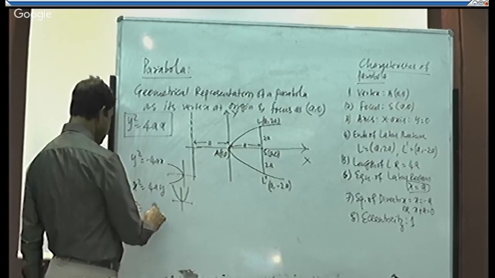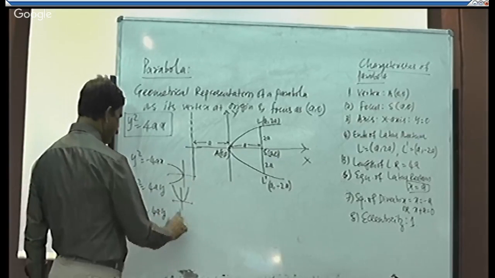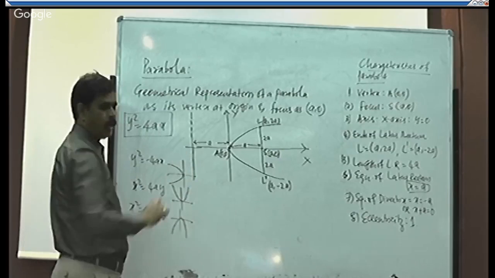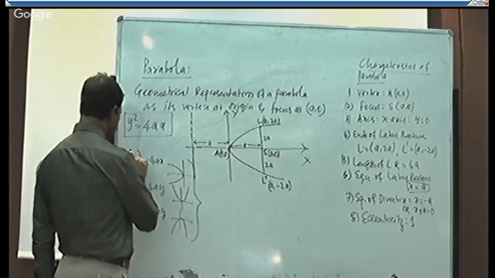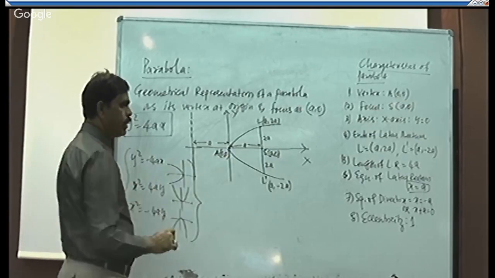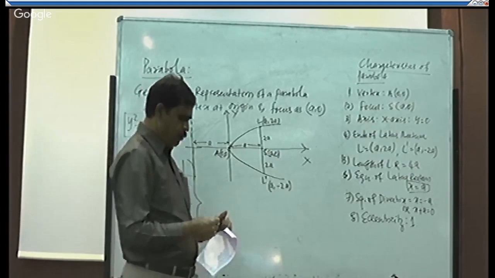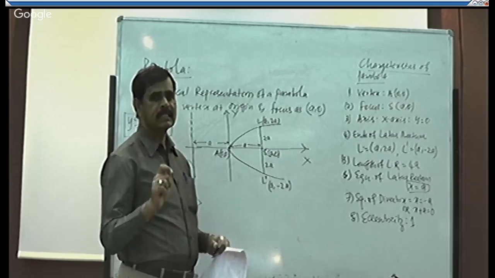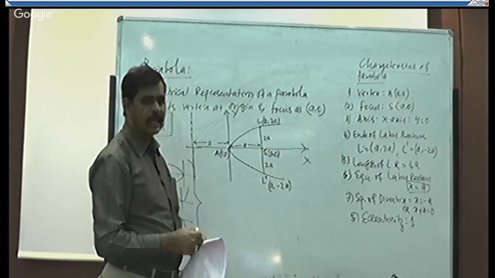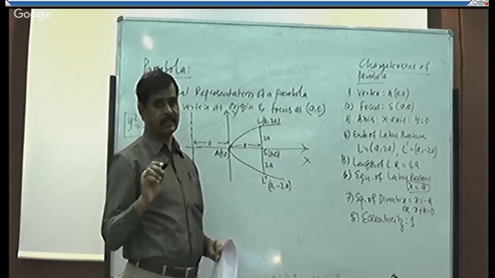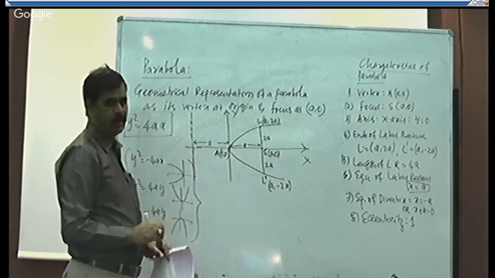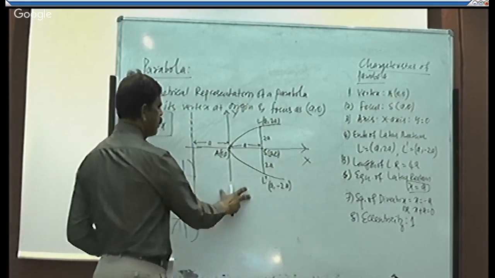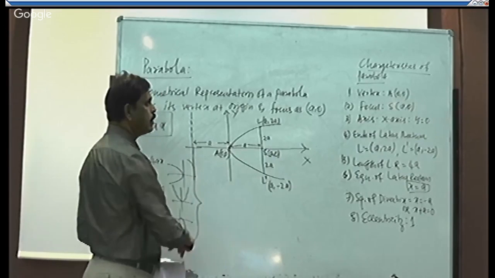X square is equal to minus 4ay is for this type. So these 3 are out of syllabus. We have the parabola with the x-axis as its axis, that we have to discuss here. So this is the geometrical representation of parabola.